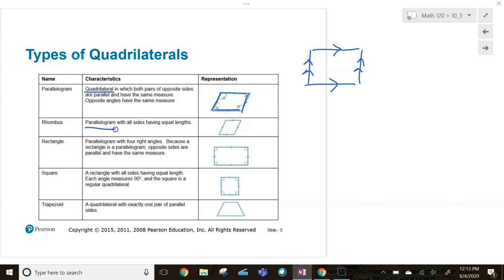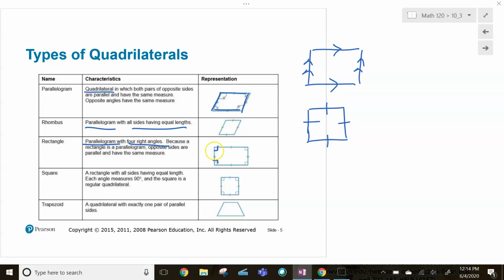A rhombus is a parallelogram, so the opposite sides are parallel, but in addition, all the sides have equal length. So a square is also a rhombus because the opposite sides are parallel and all the sides are equal in length. A rectangle is a parallelogram, so again, opposite sides parallel, and in addition, you've got four right angles.